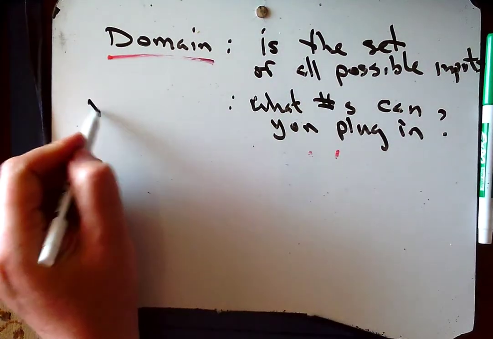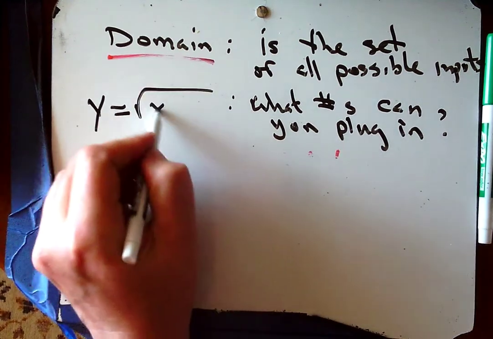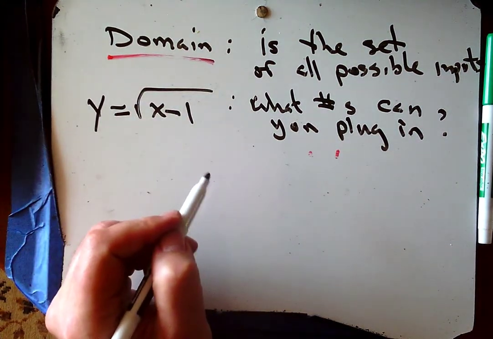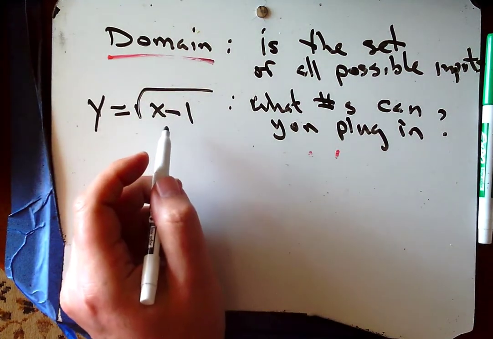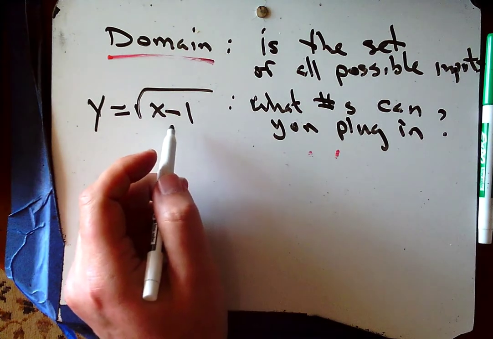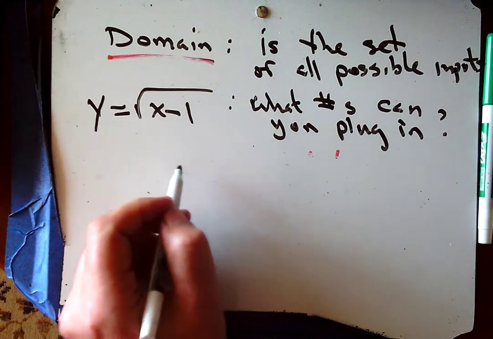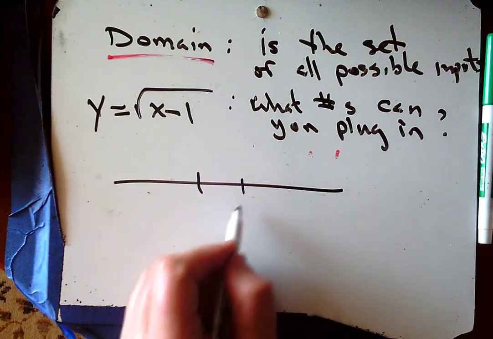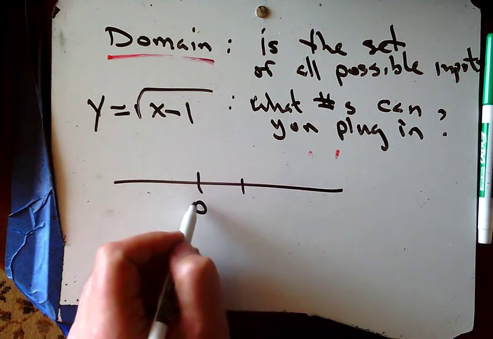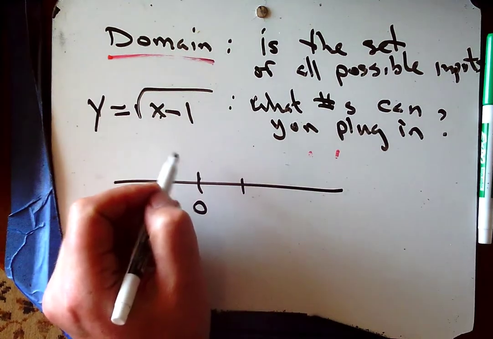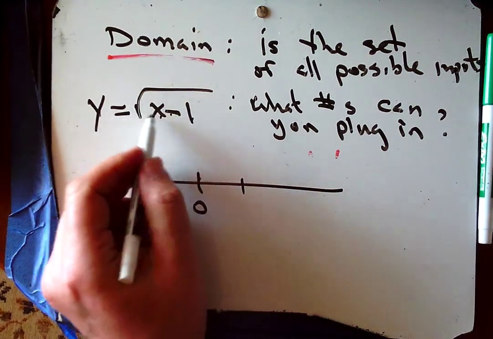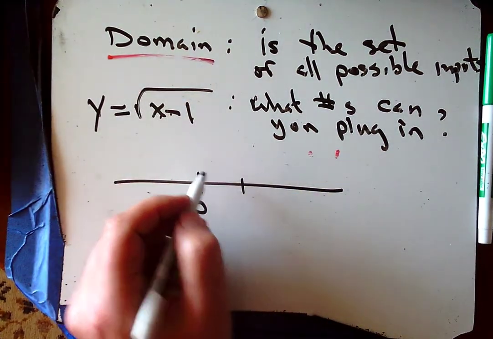What if I have something like y equals square root of x minus 1? We know from our transformations that this is the square root graph shifted to the right one. And so therefore, on a number line, if that's 0, can I plug a 0 in there? No, because 0 minus 1 is negative 1, and I can't take the square root of negative 1.